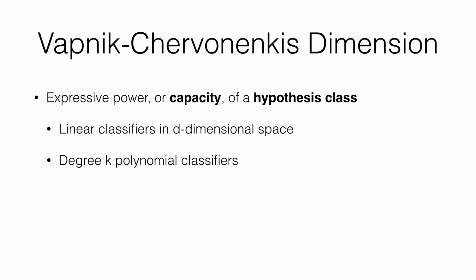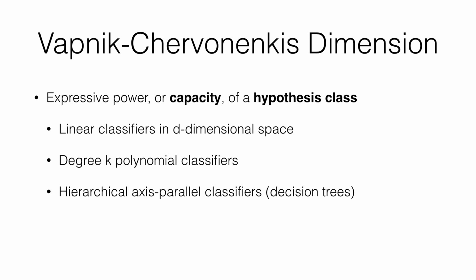It's fairly obvious because a degree k polynomial classifier, if it's d-dimensional, subsumes all linear classifiers in d-dimensional space. And then further complex is the hypothesis class of hierarchical axis parallel classifiers, which is what we saw with decision trees. And we can go on and imagine lots of different ways to characterize classes of hypotheses.